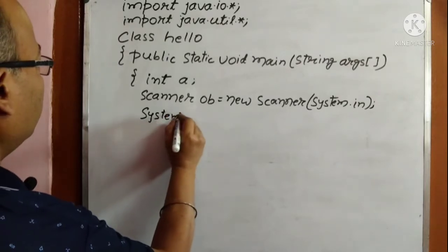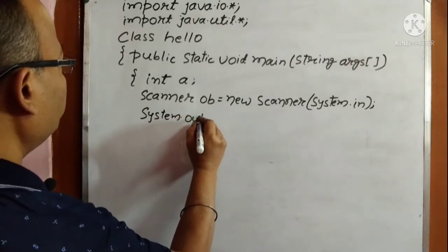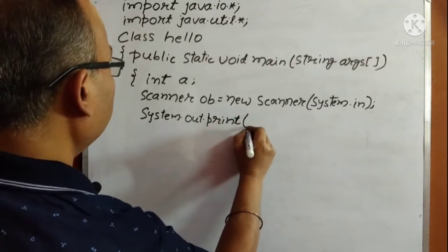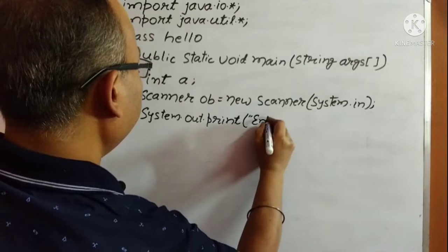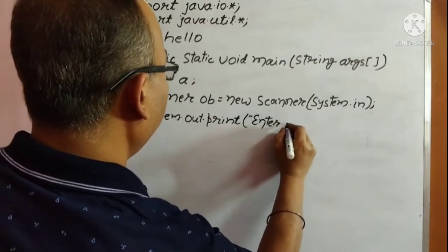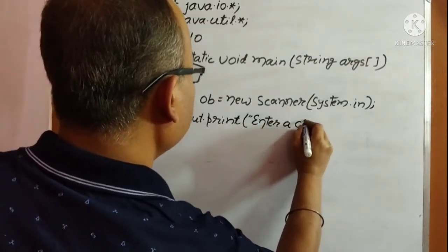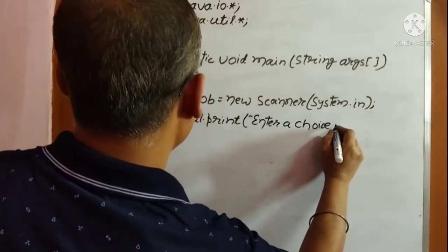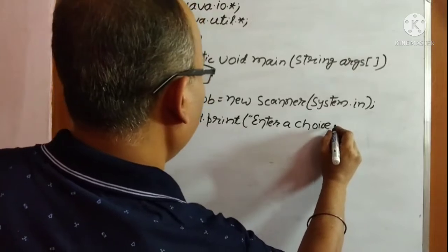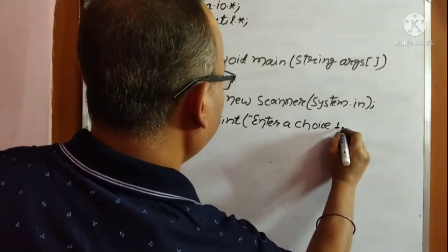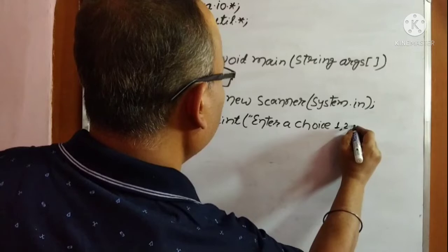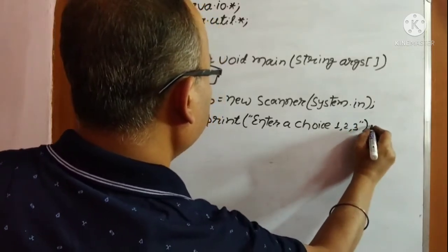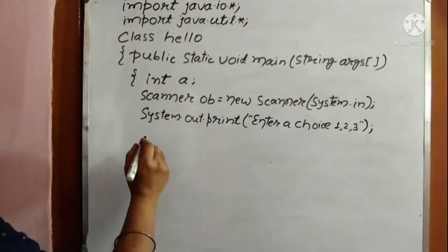So I will ask the user System.out.print, enter a choice, suppose 1, 2, 3. These 3 choices I am asking the user to enter.